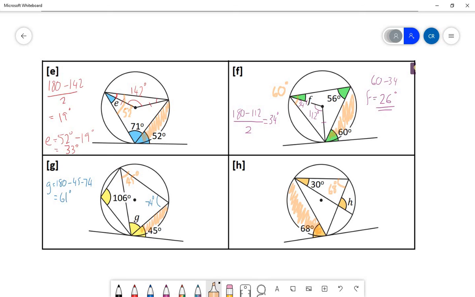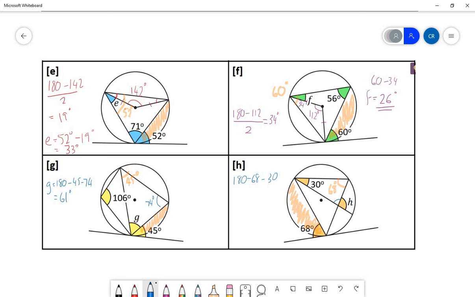Okay, so if I know I could do 180 minus 68 minus 30, okay, and that will give me the angle down here, and then I do 180 minus that, so I get back to whatever 68 plus 30 is.